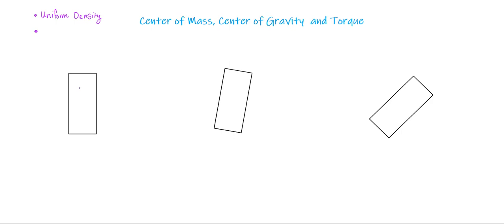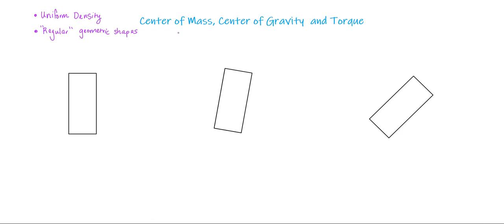So uniform density, and we're going to say that they are what, for lack of a better term, are called regular geometric shapes. Regular geometric shapes are shapes that are symmetrical, where we can have a centroid easily drawn where the center of mass would be located. So they would be at the same place.